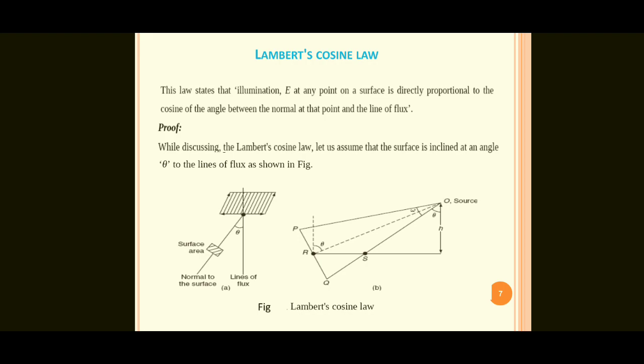So here it is directly proportional to the cosine of the angle between the normal and the line of flux.